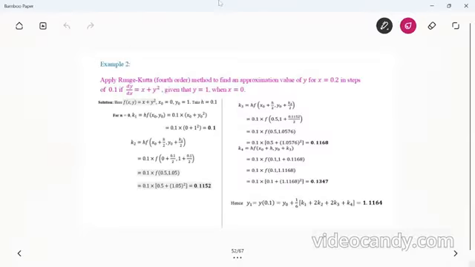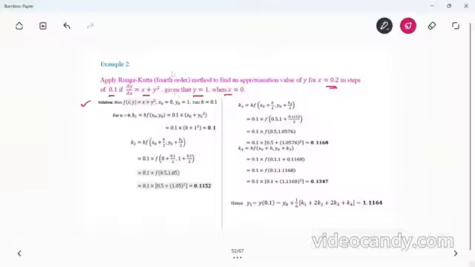Next, example 2: apply the Runge-Kutta method of order 4. Find an approximate value of y for x equals 0.2 in steps of 0.1 if dy/dx equals x plus y squared, given that y equals 1 when x equals 0. So here f(x,y) equals x plus y squared.